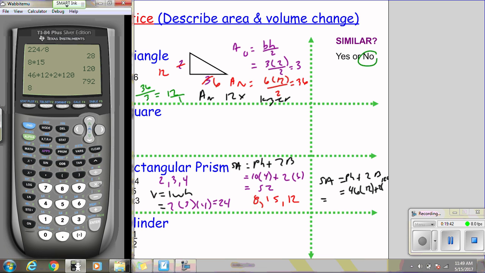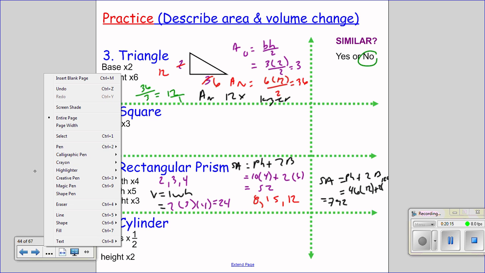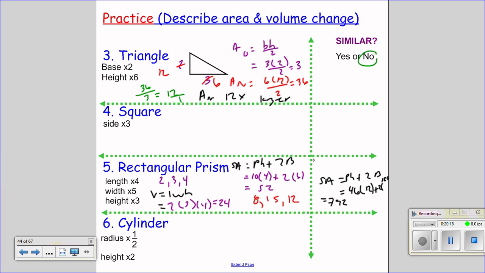It's 1440. So 792 and 1440. And the volume, 8 times 15 times 12 is 1440.